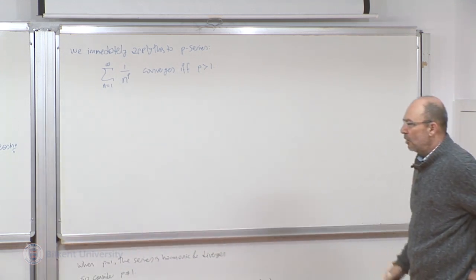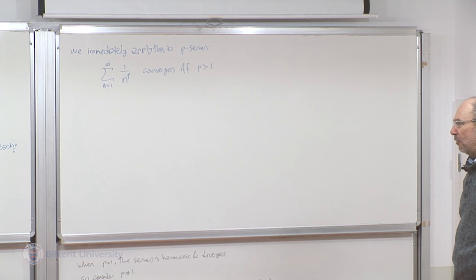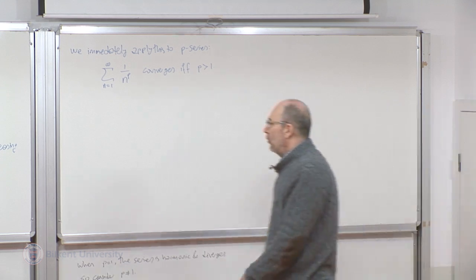Okay, so this you can immediately find by integral test. And later on, our most frequently used test will be the ratio test. And we will see that with the ratio test, you cannot decide this.